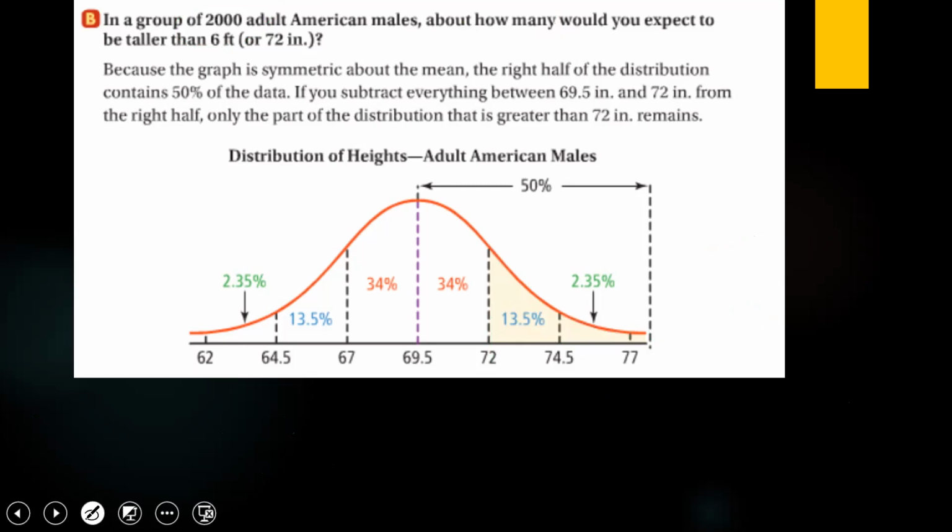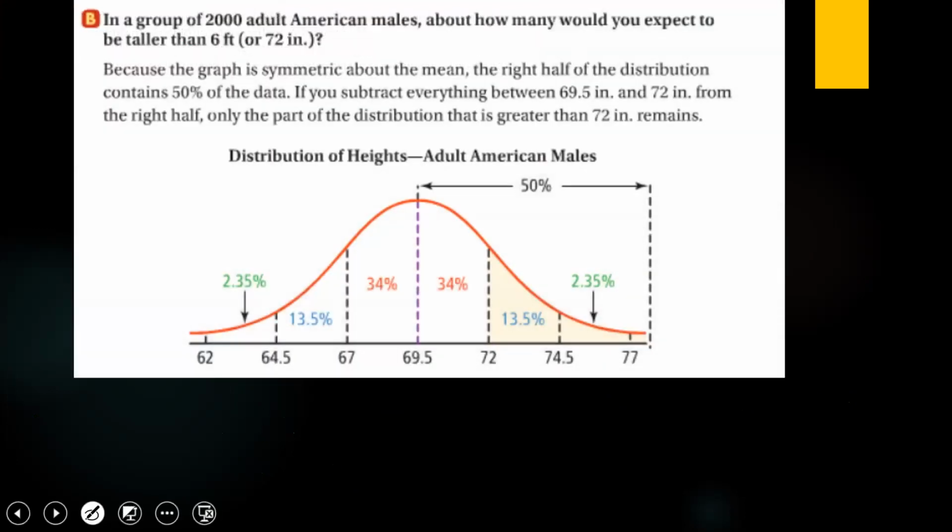Now, as an example, if I'm asking you what is the percent of American adults whose height is less than 72, how will you find it?